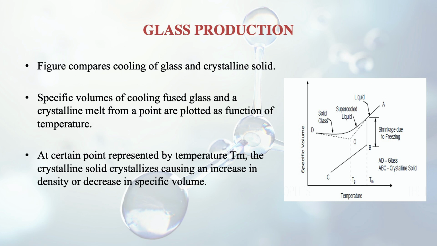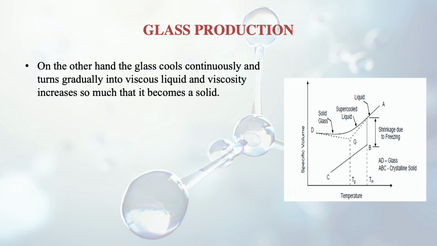So at temperature Tm, the crystalline solid crystallizes, causing an increase in density or decrease in specific volume. This I have told you earlier also. Crystalline solidification is continuous from B to C thereafter. On the other hand, if you see the glass curve, that is AD, it cools continuously and turns gradually into a viscous liquid, and viscosity increases to such an extent that it becomes a solid.